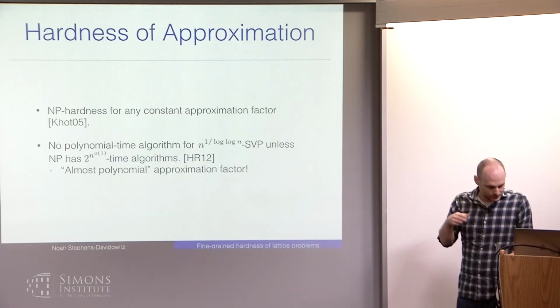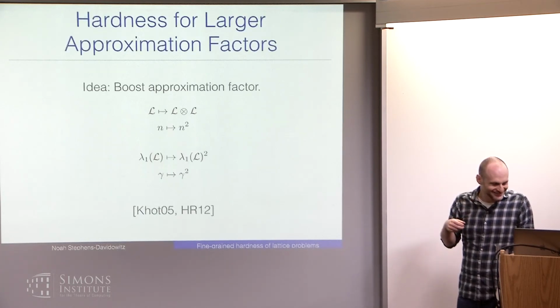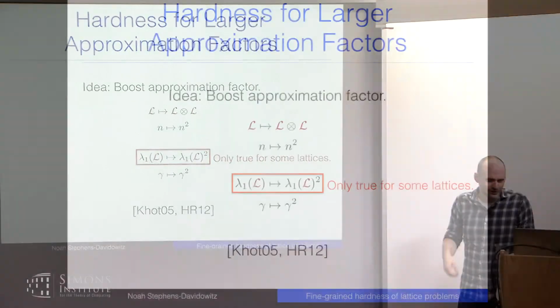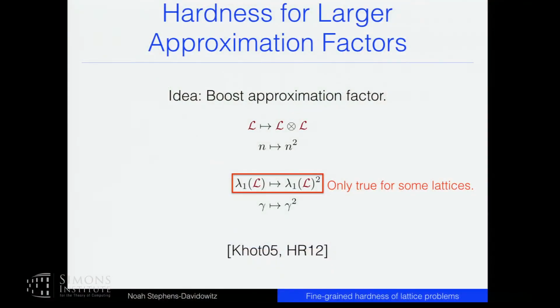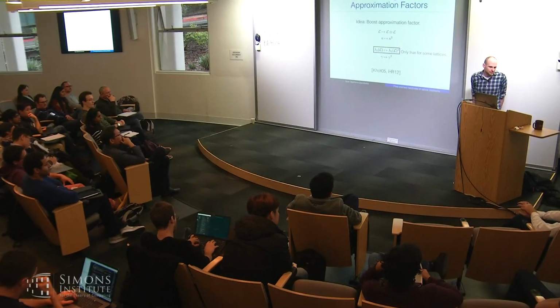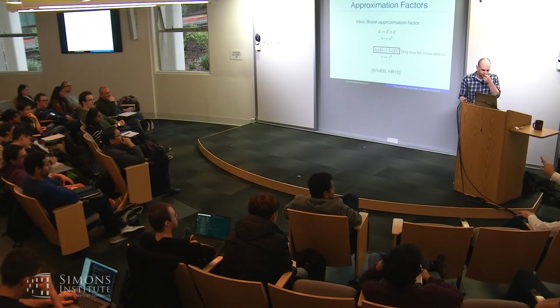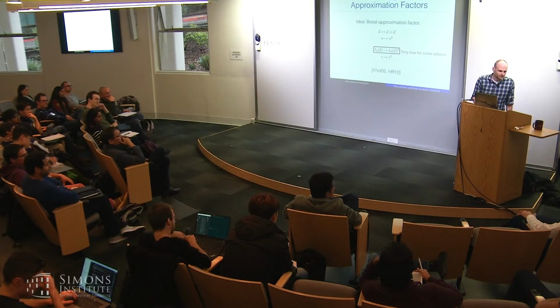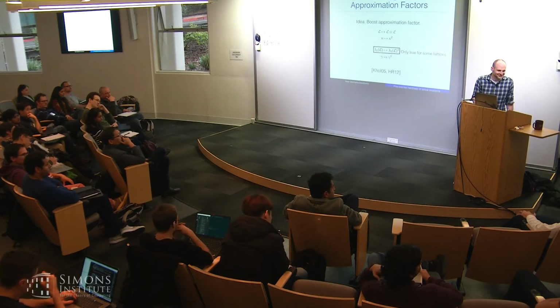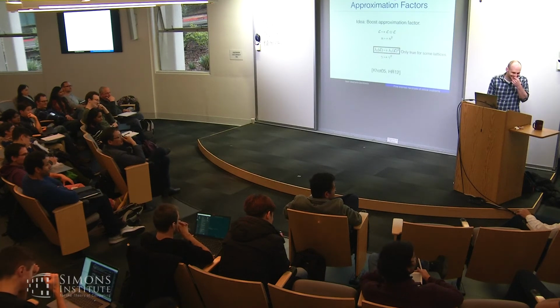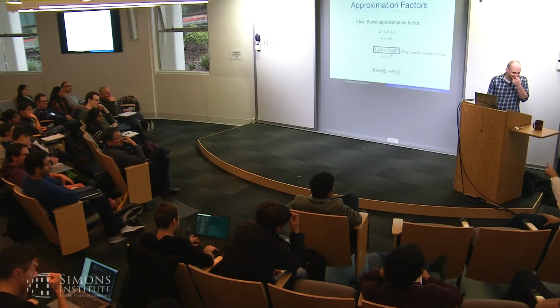Is it just tensoring and then sparsification? I don't think that works. No, that's not true. It is true if the lattice is in dimension less than 42. But then you're not going to find explicitly an example where that's not satisfied. It doesn't get squared.